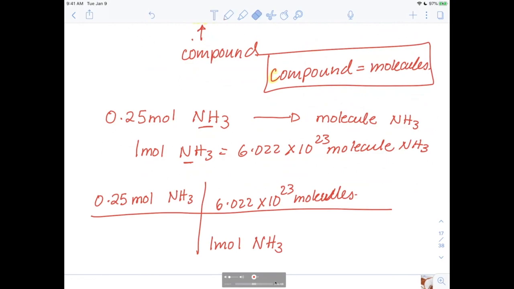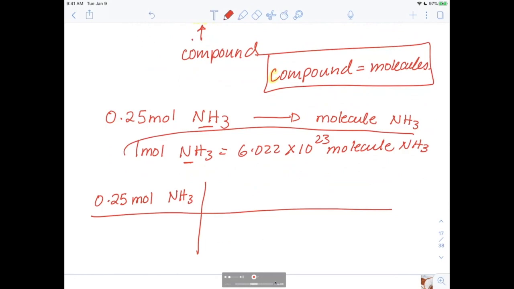So what I did here, I'm going to illustrate it again, is I have to use this equality right here. Like we did before with our conversion factors, the equalities we had before with metric prefixes and stuff like that. We're using that as a conversion factor. So the unit up here must match the unit on the bottom.